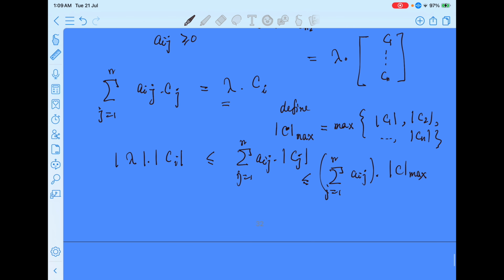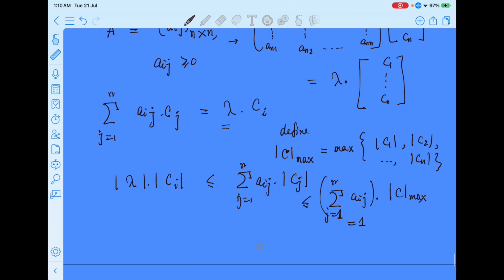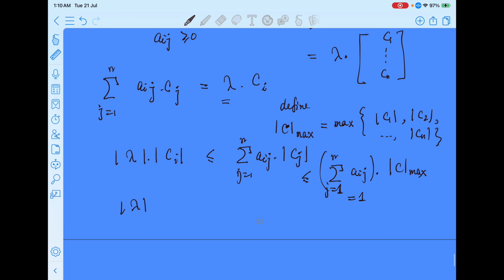And the sum of each row, by the given condition, these are rows, is 1. So we have mod ci is less than or equal to c max.